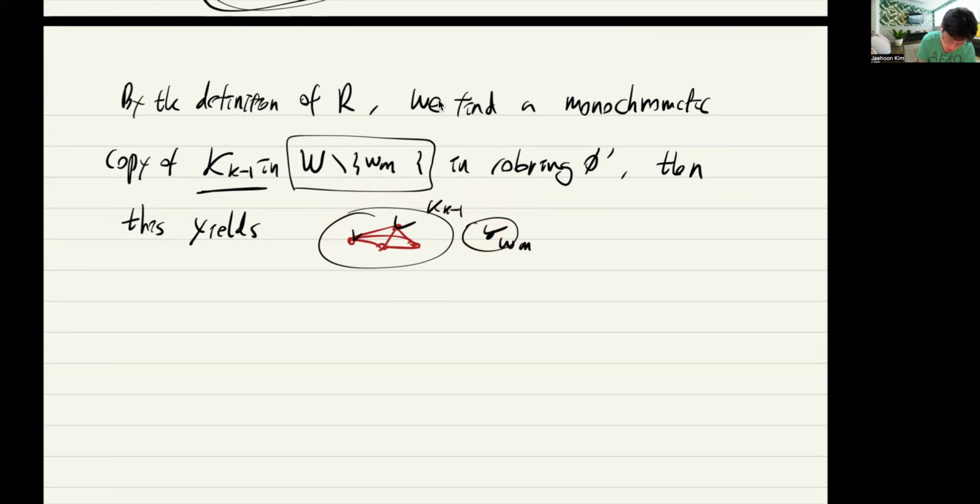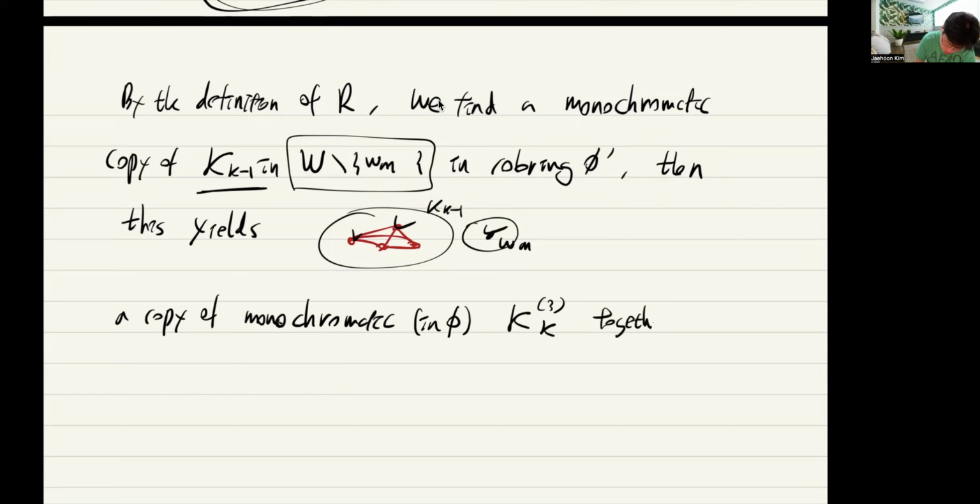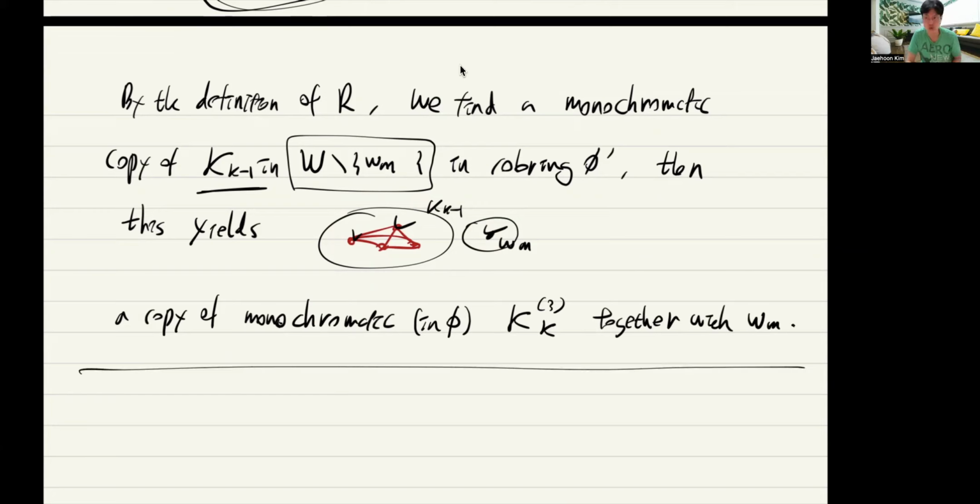So then this is a monochromatic copy in pi of a 3-uniform A_K together with W. That shows the upper bound that we wanted to show.